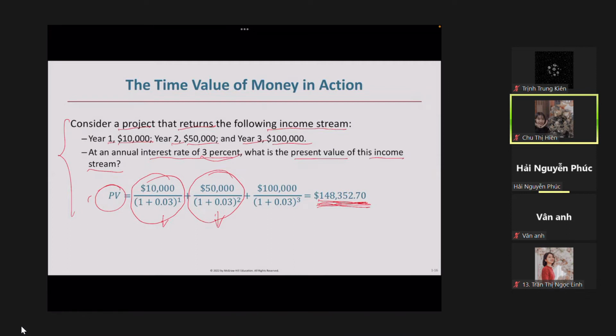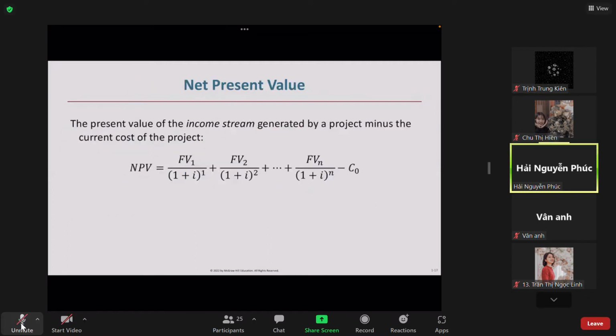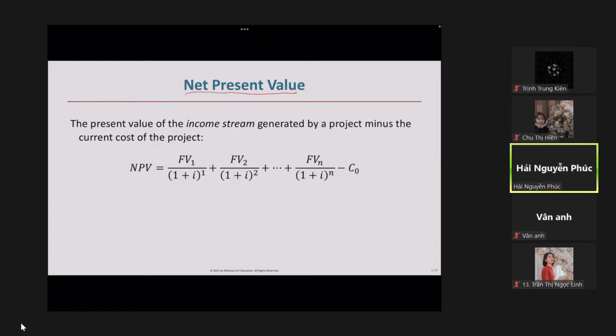Okay. Now the next point is about the so-called NPV, the net present value. Often the case when you make an investment, for example, it involves the cost of doing something, right? So we have to compute the present value of future benefit, and here is the cost of making the investment.